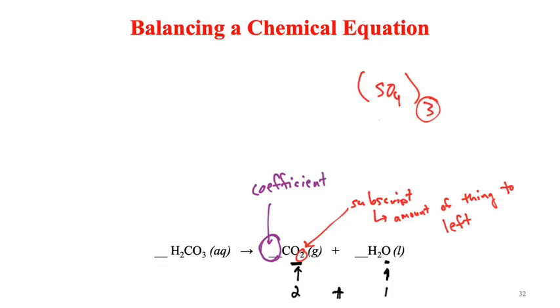So the subscript 3, would we apply that to the O and the S separately? Or that subscript 3 applies to the parentheses. What is in the parentheses? S, 1, 2, 3, 4. So that 3 applies to whatever is in there. So that means I have to do that 3 times.